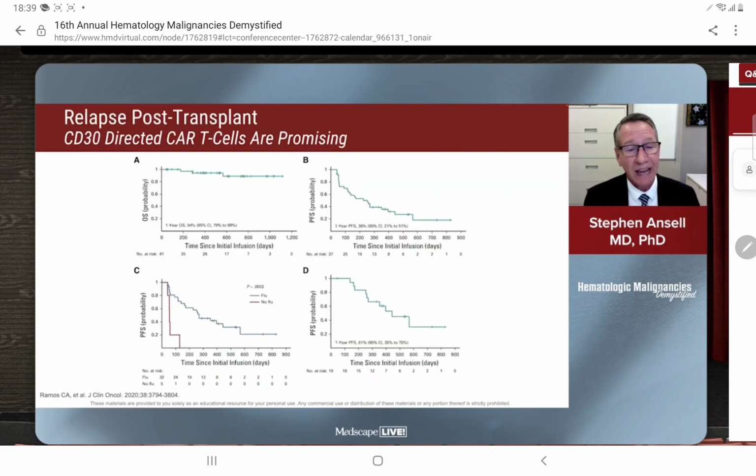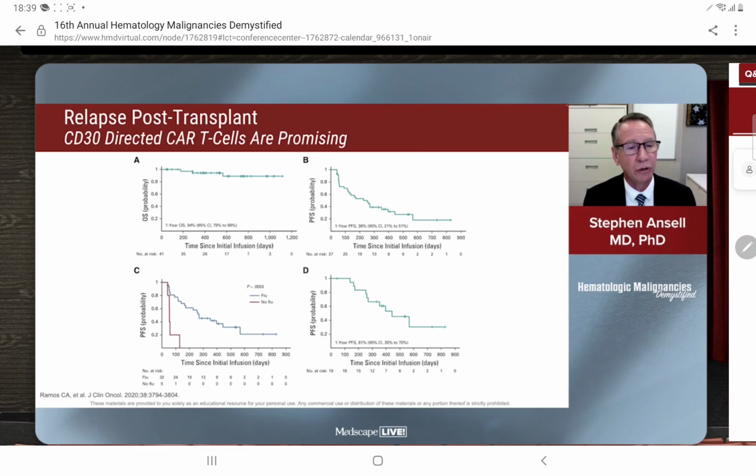Now, with that said, again, just to highlight the use of novel agents in frontline, the use of novel agents in first salvage prior to transplant, what are we going to do in patients who subsequently may relapse post-transplant? And I really just want to highlight a few strategies that are now entirely different, but are showing real promise.